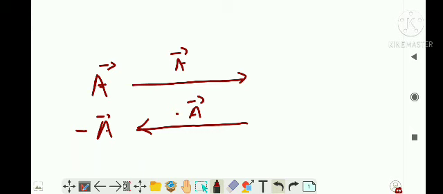Now we are going to learn about unit vectors. Unit vectors are those vectors which have magnitude 1. We will take it later in detail; I'm just giving an idea.